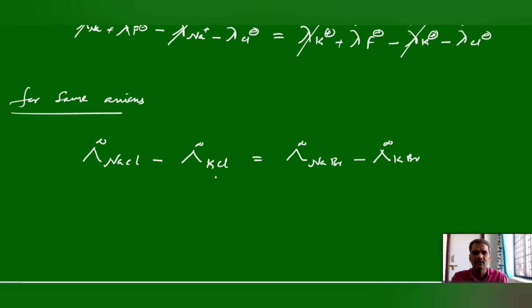Overall chlorine gets cancelled out, and here bromine gets cancelled out. What is left? Sodium ion minus potassium ion is equal to sodium ion minus potassium ion only. So we can write like this. That is the Kohlrausch law.